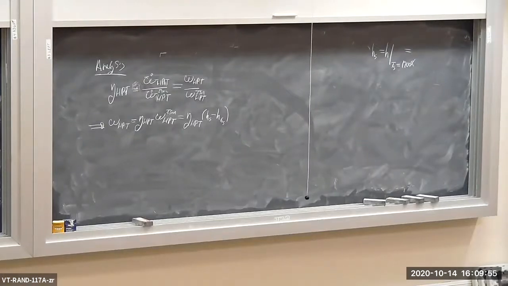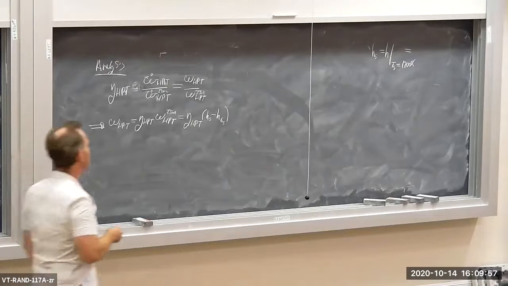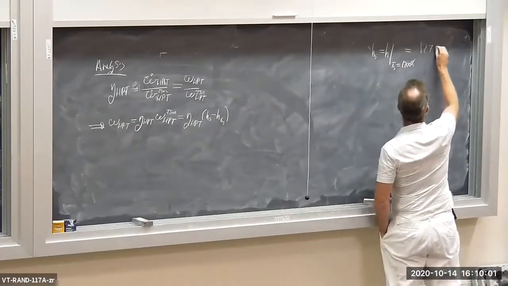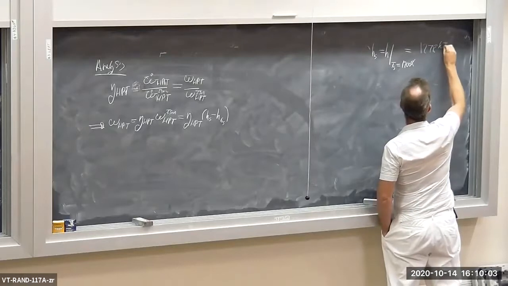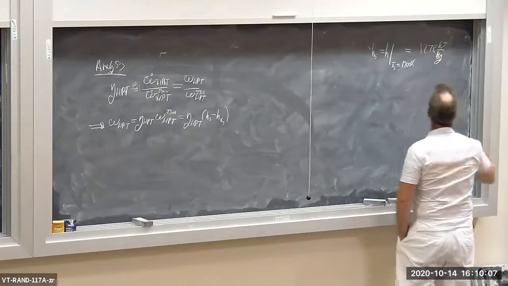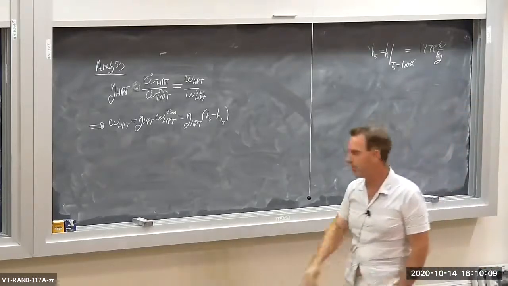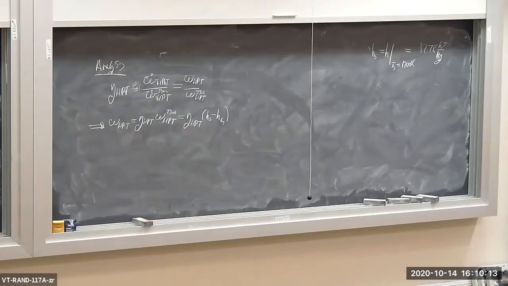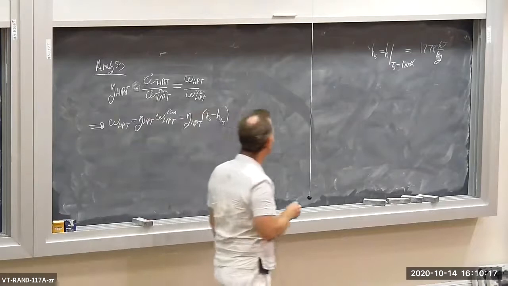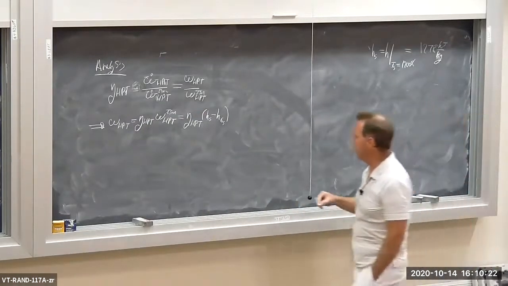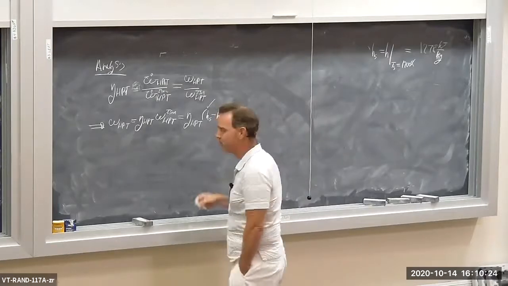I get 1278 kilojoules per kilogram. Okay, so I got H5. I need to get H6 sub s.